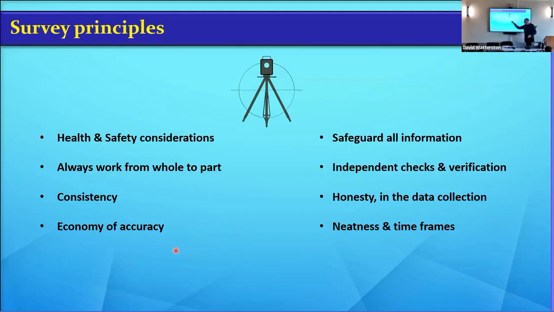You should always work from the outside to the inside, or from the whole to the part. The reason for that is if you survey the bits that you want in the middle, and then you think, all right, I need to survey the boundaries now because we need to know the amount of paving slabs, the amount of fence panels, or whatever it is you're going to do, you start in the middle, you're measuring around things, and then you start to measure outwards.